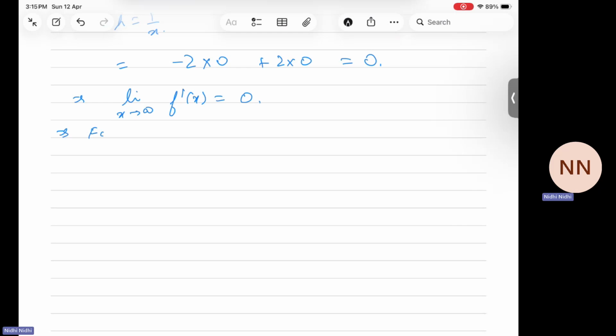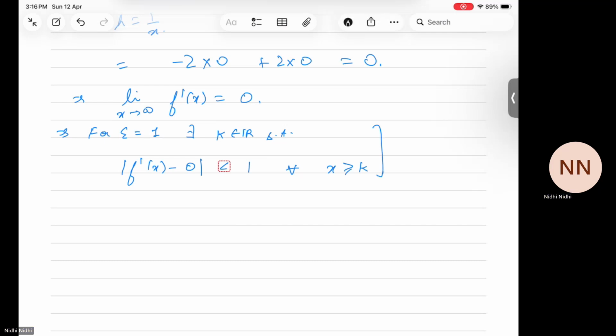This implies for epsilon, taking epsilon to be precisely 1, corresponding to this epsilon there will exist a real number k in R, such that mod f dash x minus 0 will be less than epsilon, and epsilon is equal to 1 for all x greater than equal to k.